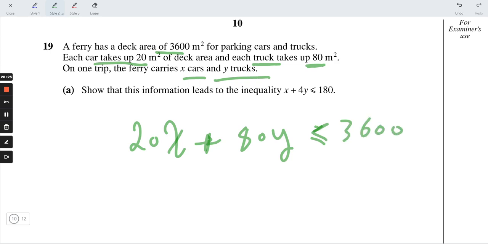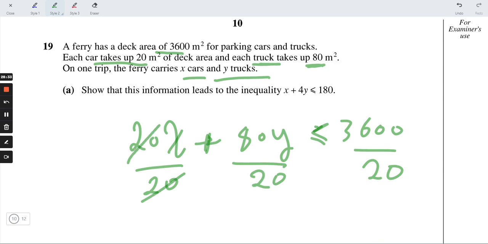Now simplify it by dividing both sides by 20. So x plus 4y is less than or equal to 180.